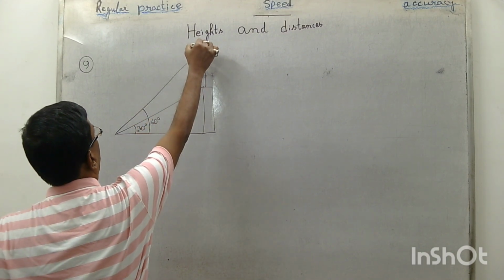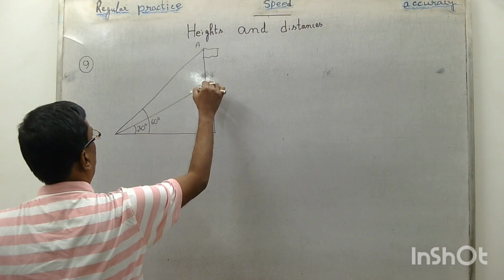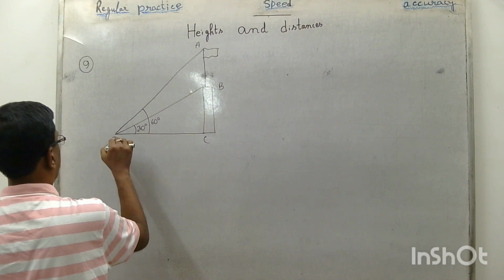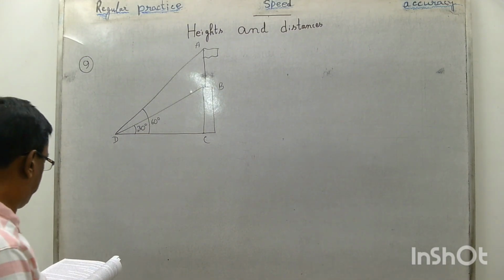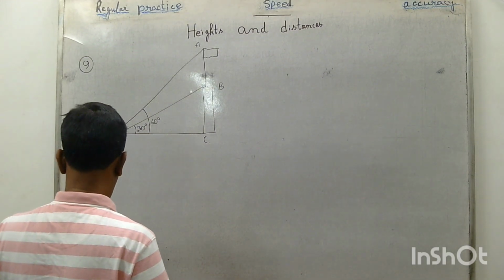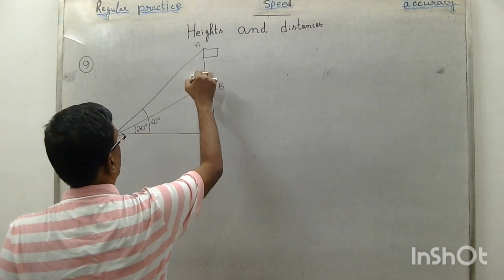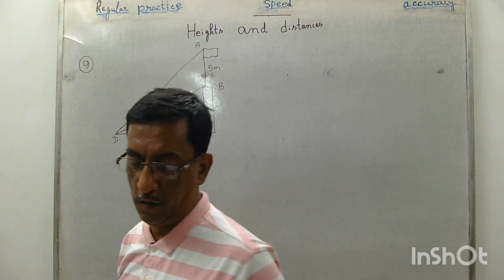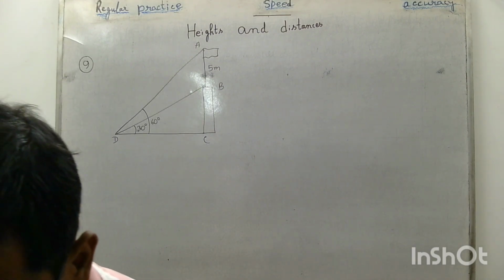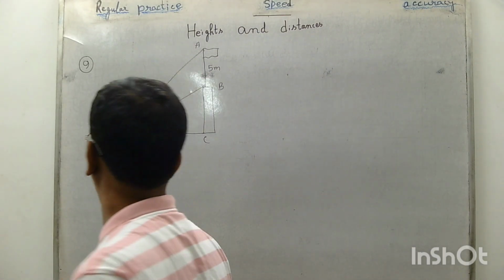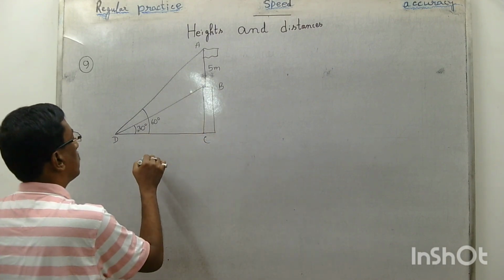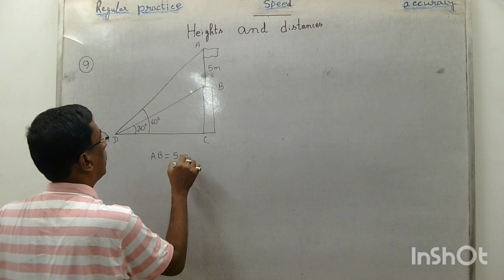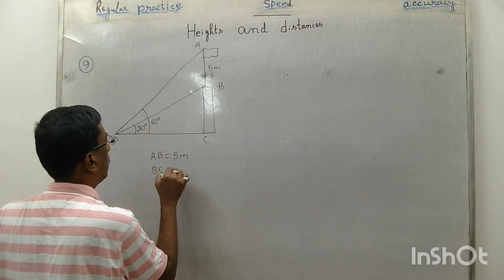So I write A, this point B, C, D. Clear? Now this portion is of 5 meter length. तो हमें जो करना है टावर का हाइट, that means BC. So AB equals 5 meter, BC we don't know.